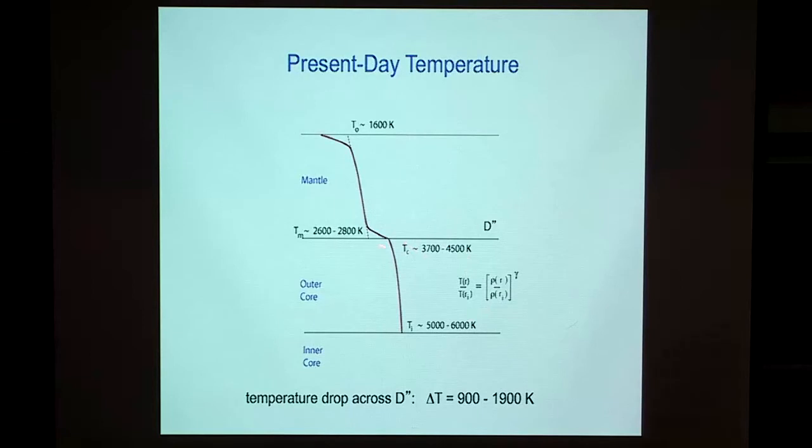And clearly there's a difference between these two, and these two differences are essentially the thermal boundary layer between these two that is allowing for heat from the core to enter into the mantle. So that range of temperature anomalies, perhaps as low as 1,000, perhaps almost as high as 2,000 degrees. So still a lot of uncertainty.